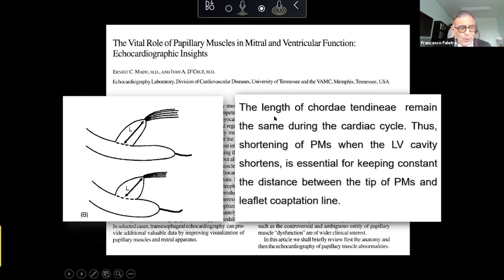So when the left ventricle shortens, the chordae tendineae become relatively longer, and they would produce mitral valve prolapse. But because the papillary muscle shortens to the same extent, the chordae tendineae and the leaflet remain in place.